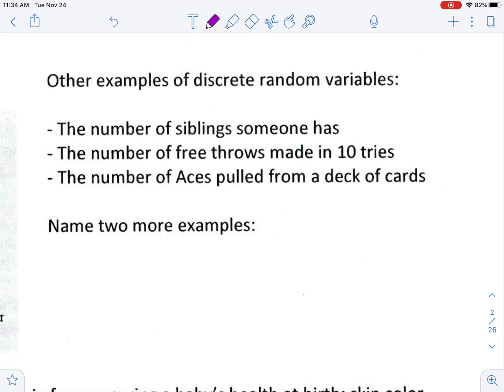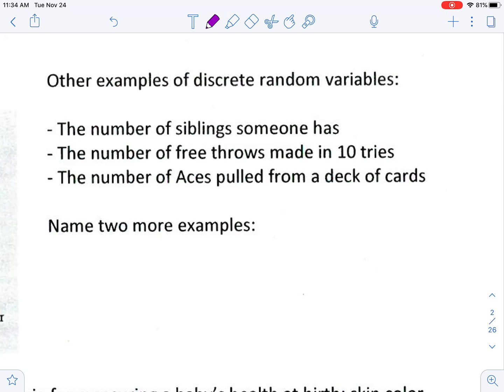You're not going to say 4.3875. You might think of one of your siblings as 0.3875 of a sibling, but that's not how it actually works. The number of free throws made in 10 tries is a whole integer value: 0, 1, 2, 3. The number of aces pulled from a deck: 0, 1, 2, 3, 4. None of these are decimals. They're finite, integer-type values.